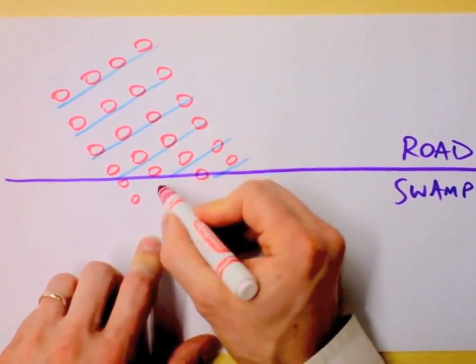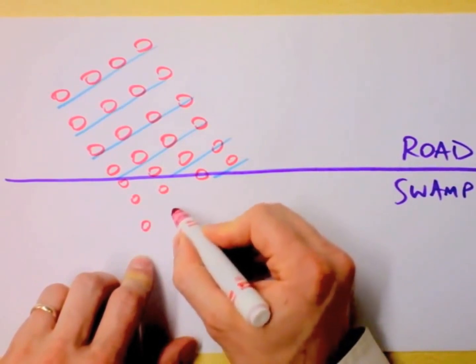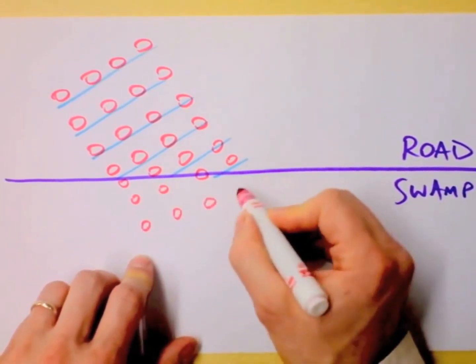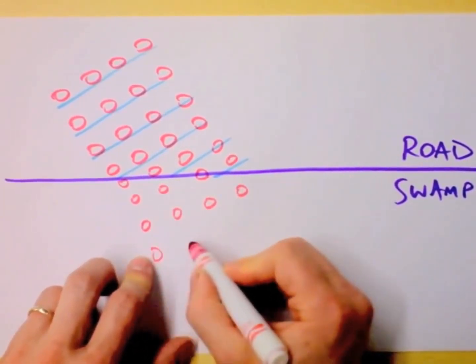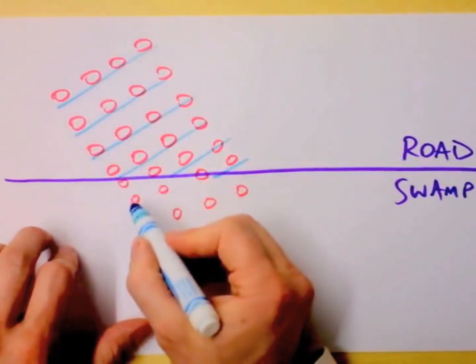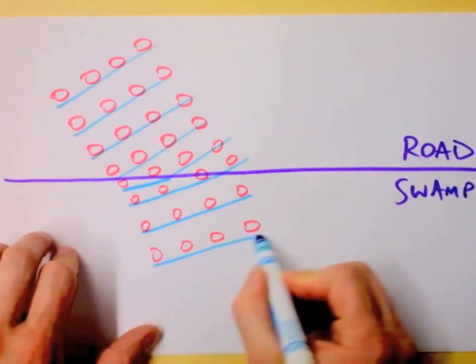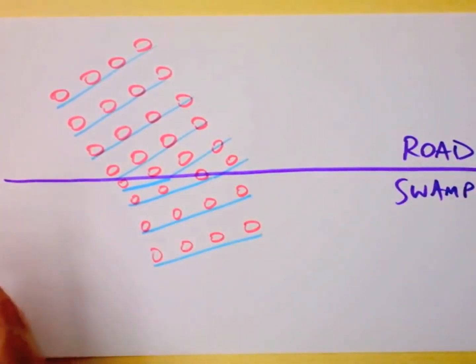You'll get a bunching up of the first marchers that enter the swamp, and the overall effect, after everyone adjusts, is a change in direction of the march. If we were to draw that lined up, it would look like this. You can see clearly how the direction has changed.